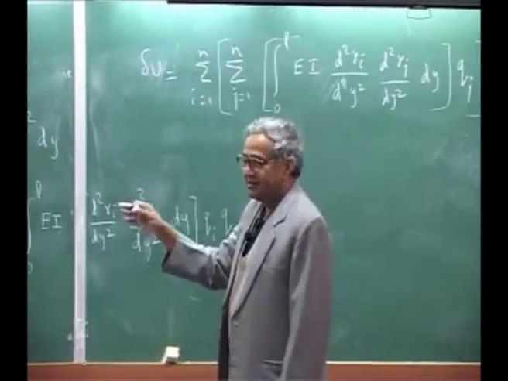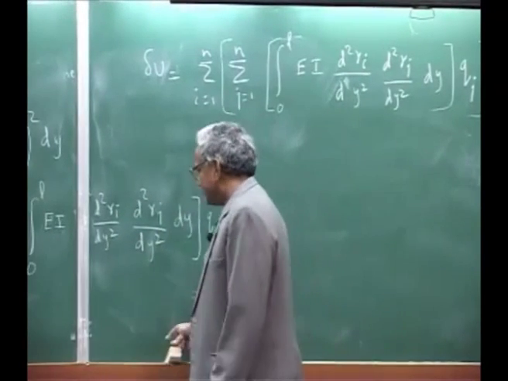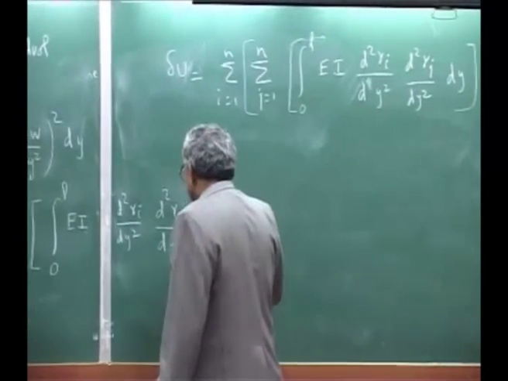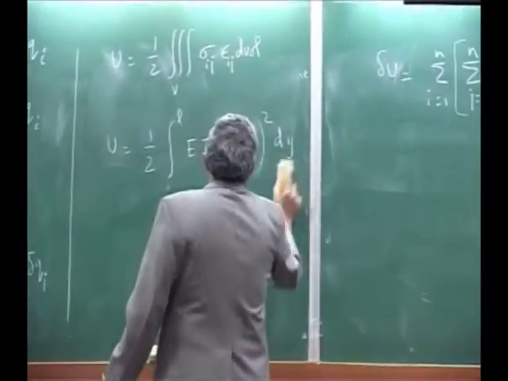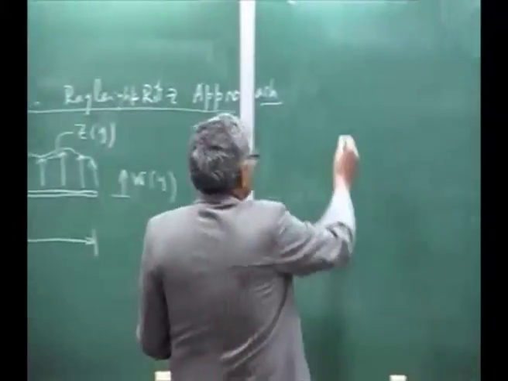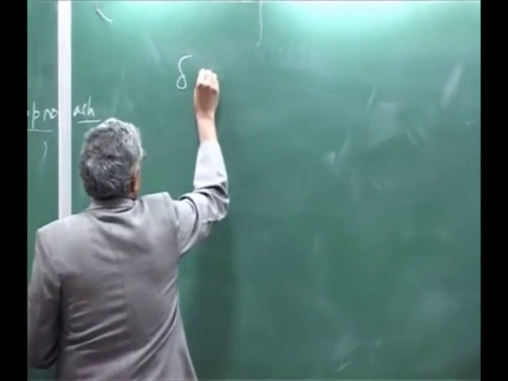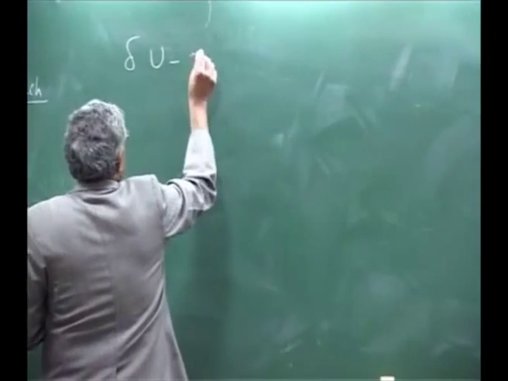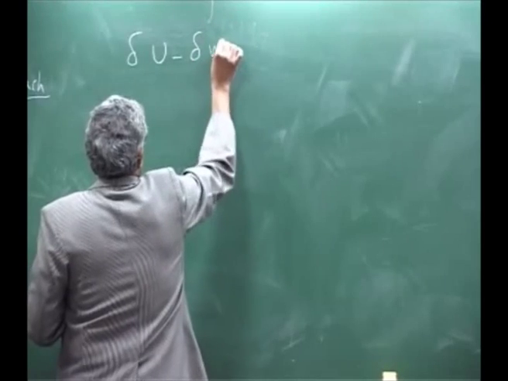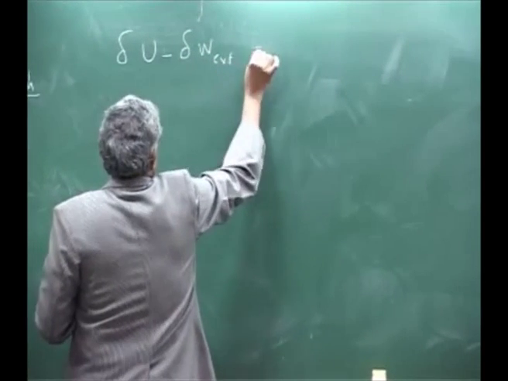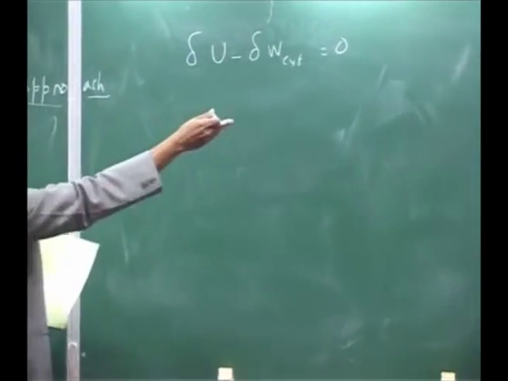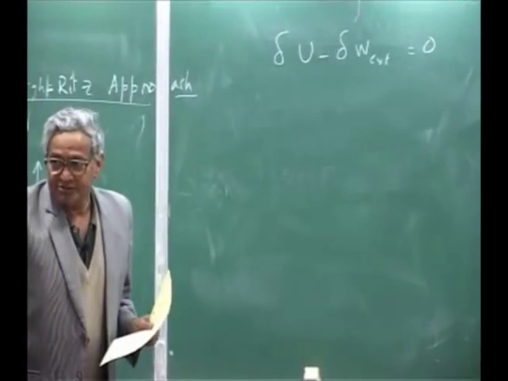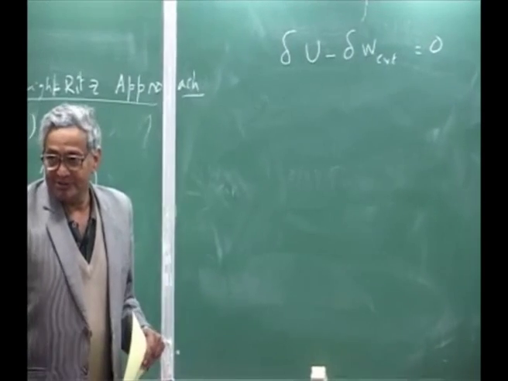Now you have to equate delta W external and this one. Since delta q_i's are arbitrary, I will write that part, then you will be able to see this is the final. So you are going to use delta U minus delta W is 0. Now I have my expression for delta U, and I have my expression for delta W external.